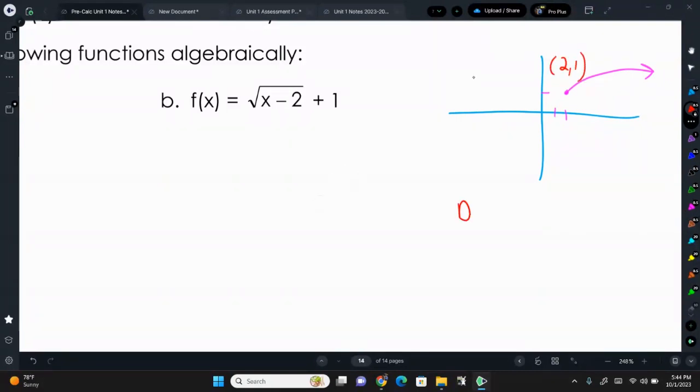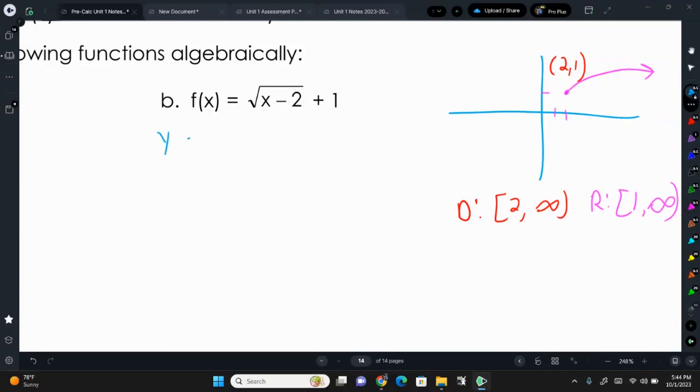So the domain of this original function is going to be 2 comma infinity, and the range will be 1 comma infinity. So that's the domain and range of the original, which means the domain of the inverse will be 1 comma infinity.